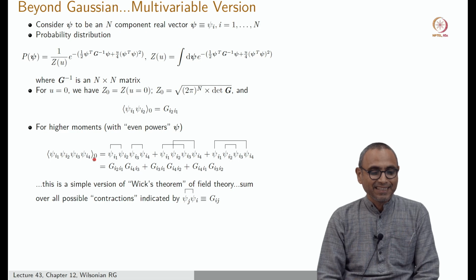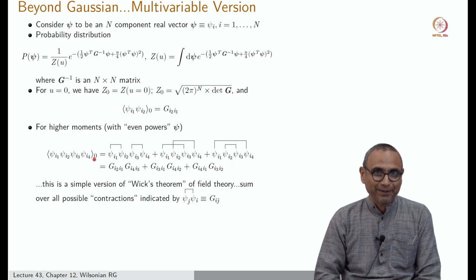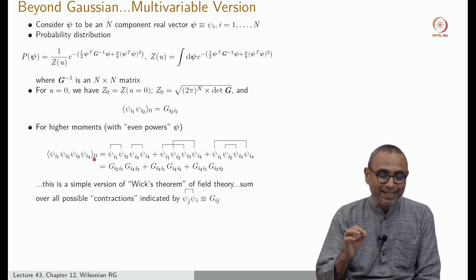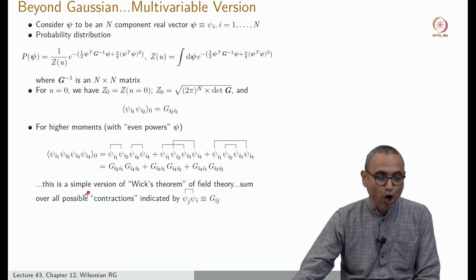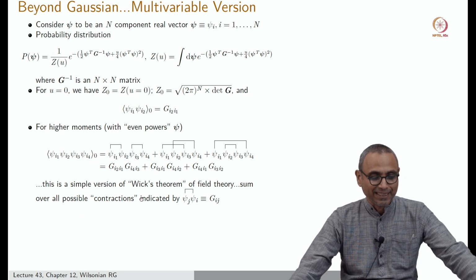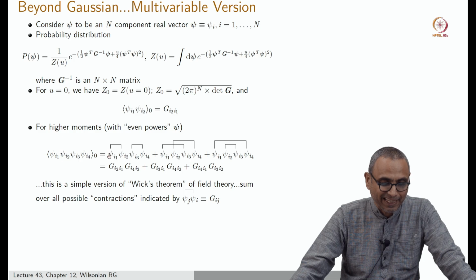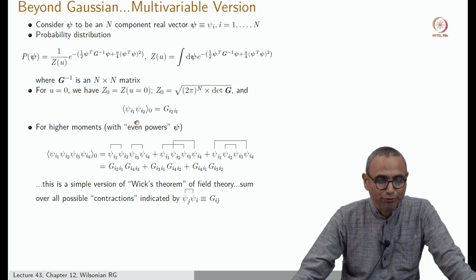The way you do this is to find all possible contractions. What is a contraction? A contraction is a kind of pairing. You take this pairing and that pairing, and replace the first by the expectation value of psi I1 and psi I2, which we know is G I2 I1, and then the other pairing will be I4 I3.